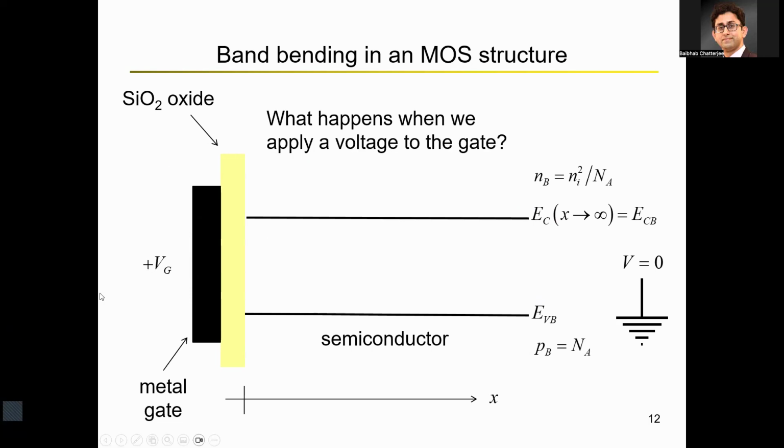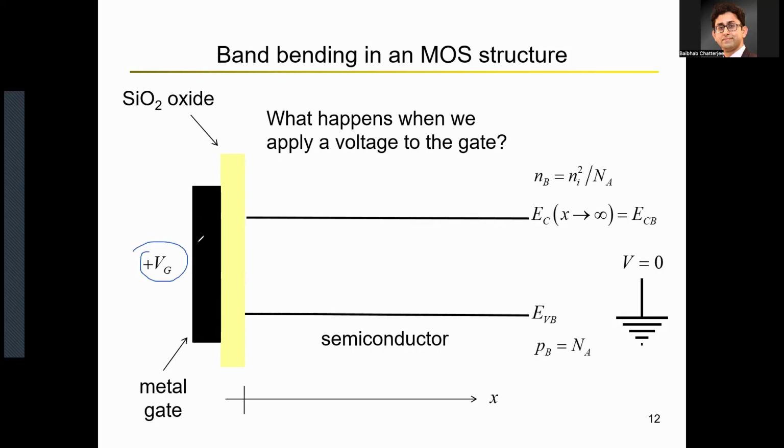Now, what would happen if you apply a voltage to the gate? Let's say we apply a voltage plus VG, a positive voltage, to the gate. How would the voltage profile look from the gate to the end of the semiconductor structure?